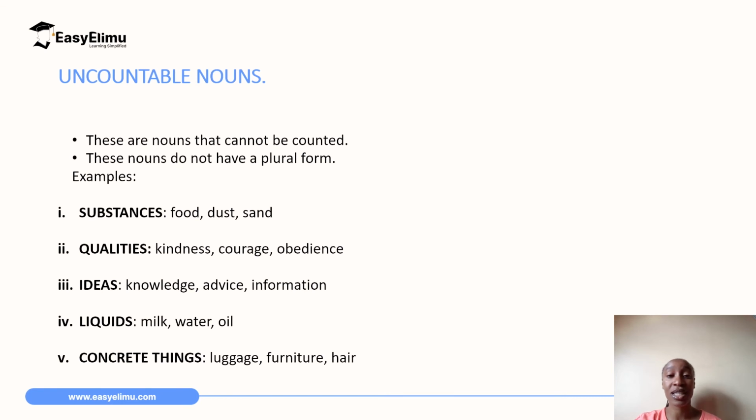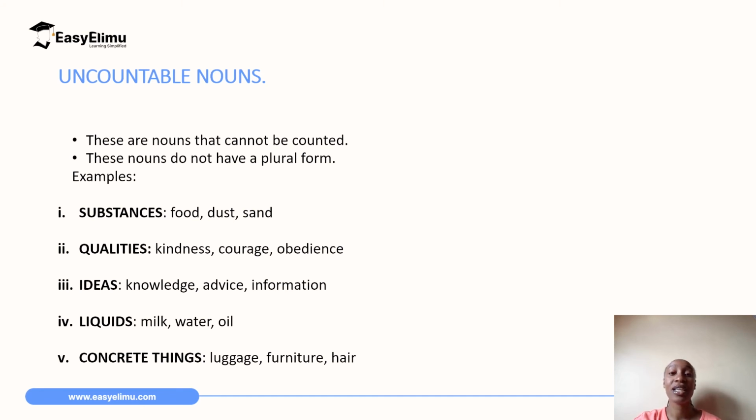Those are substances. It can be qualities like kindness, courage, obedience. It can also be ideas like advice, information. It can be liquids like milk, water.